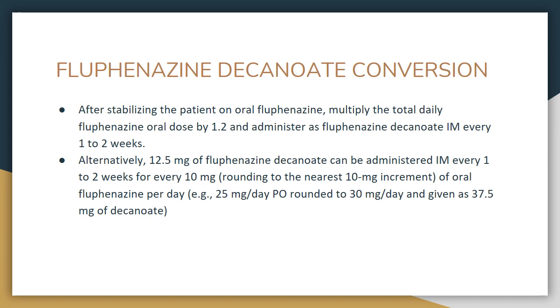Alternatively, 12.5 mg of fluphenazine decanoate can be administered IM every 1 to 2 weeks for every 10 mg, rounding to the nearest 10 mg increment, of the oral fluphenazine per day. Example, 25 mg per day orally is rounded to 30 mg per day and given as 37.5 mg of decanoate.